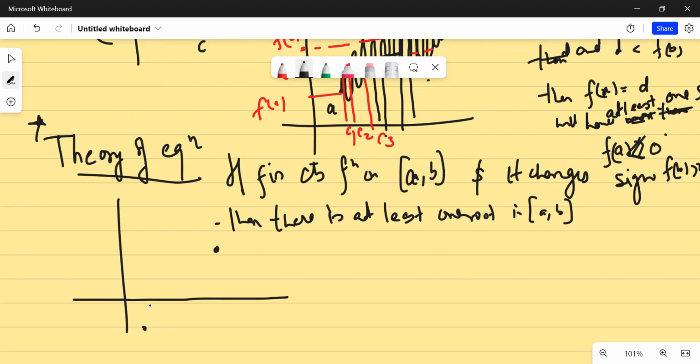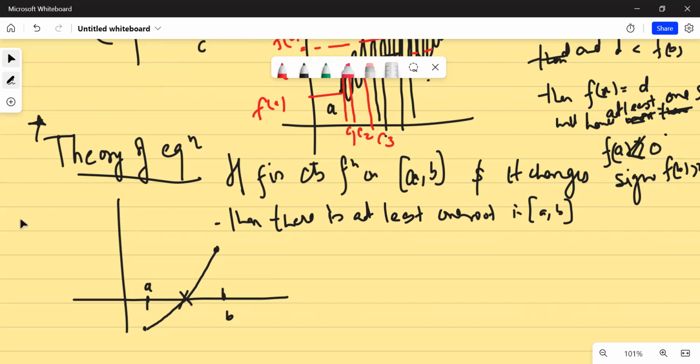Did you get it, beta? Did this make sense? Now if your function is continuous, obviously it will go on like this only. It will intersect somewhere in between. So your function goes from negative to positive, so it will attain zero at some point.